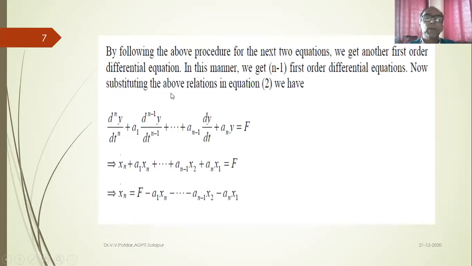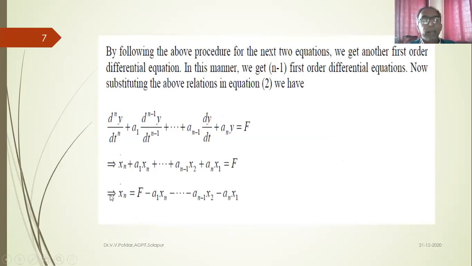Now substituting the above relations in equation 2, the differential equation is converted into a simple algebraic equation: xn dot plus a1 xn plus dot dot dot a(n minus 1) x2 plus an x1 is equal to f.